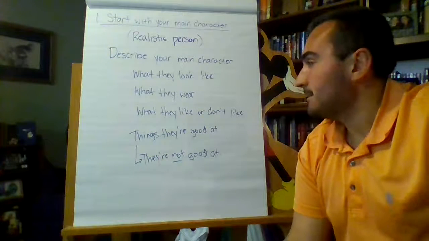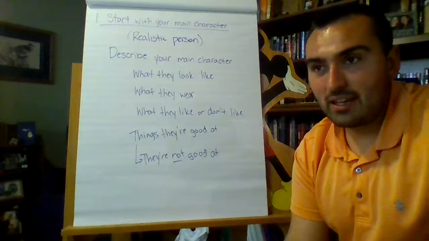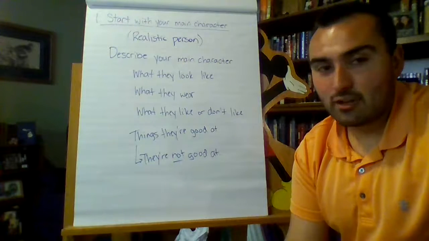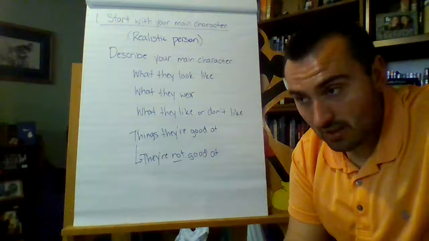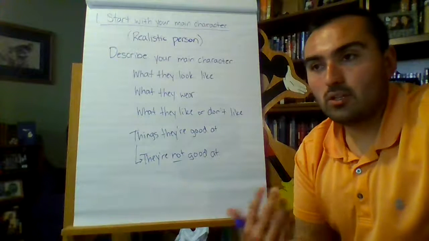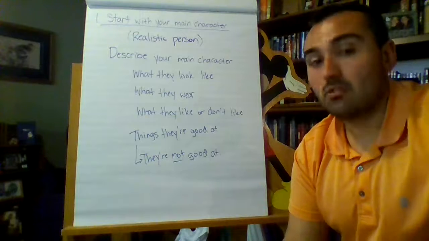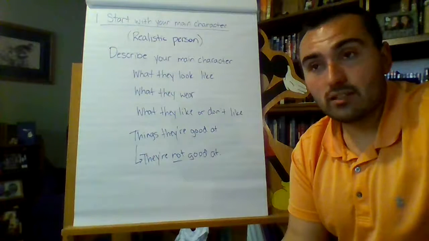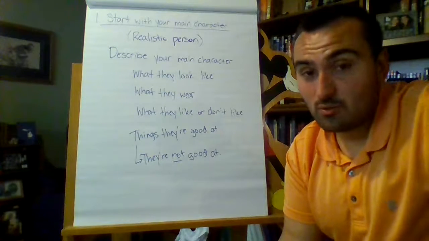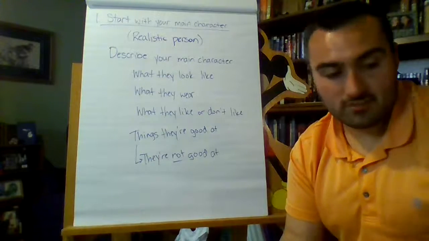Like, I don't want us to have our character be a professional basketball player or football player. You want this character to be someone who's kind of normal, but they're also really good at something that is going to help them solve this mystery.